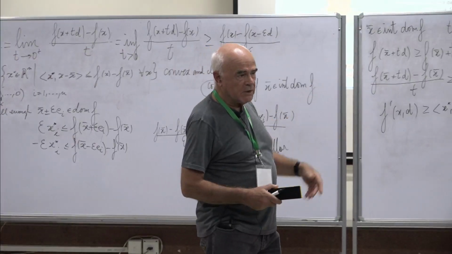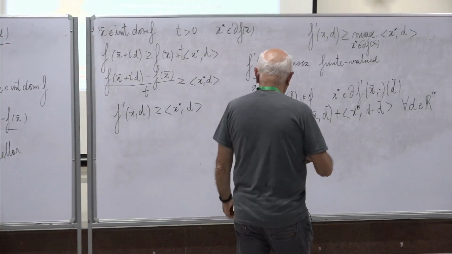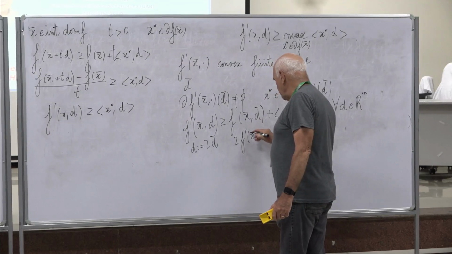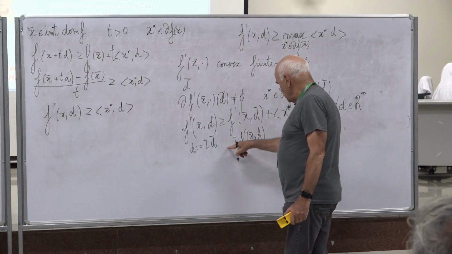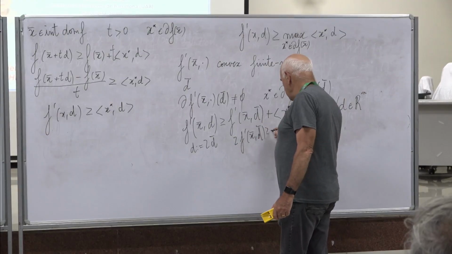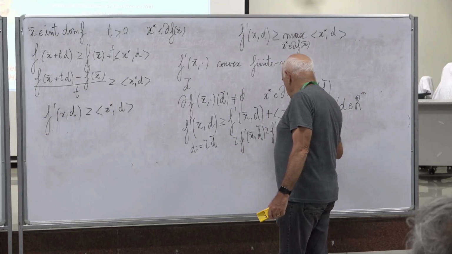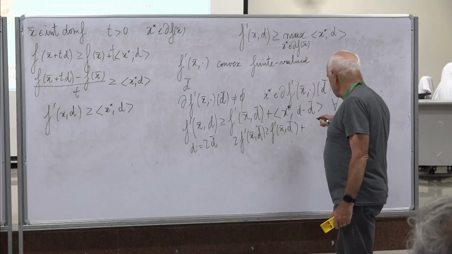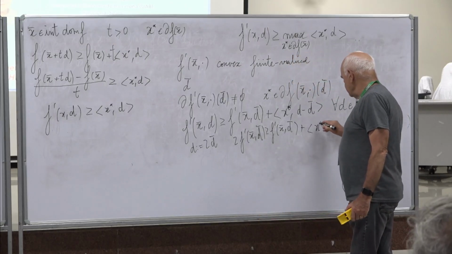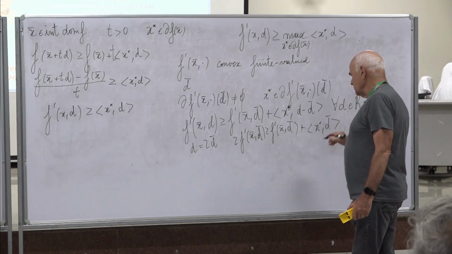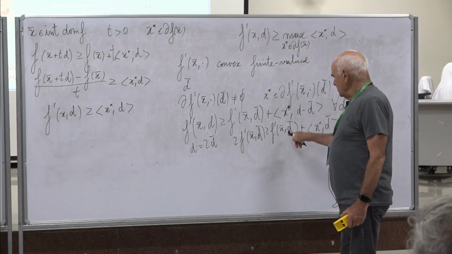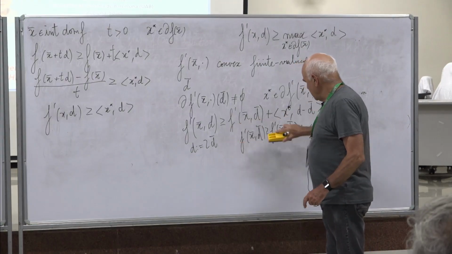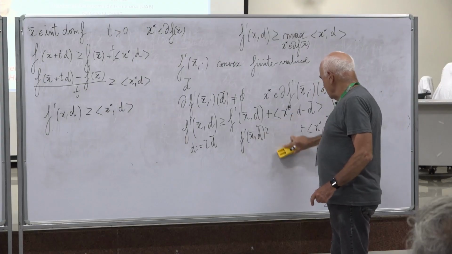So this means that twice f prime of x bar d bar is greater than or equal to f prime of x bar d bar plus x star d bar. Moving this to the left-hand side, I am left with this inequality.